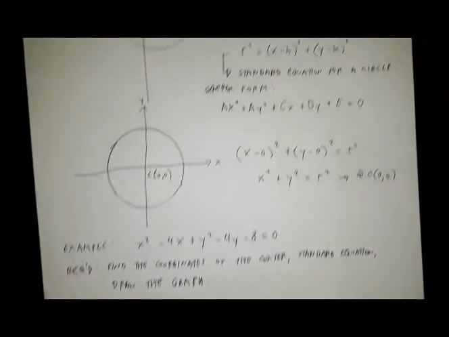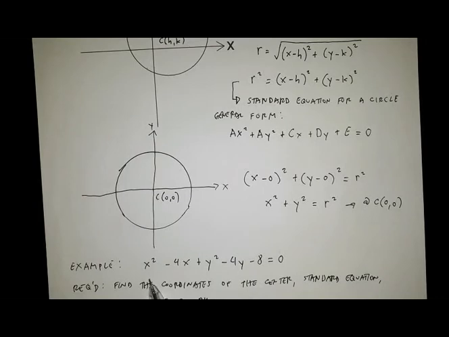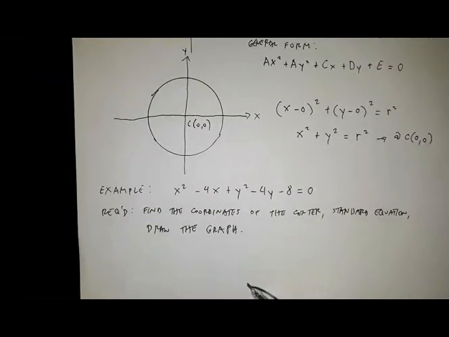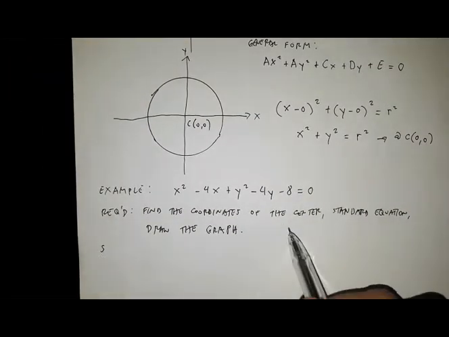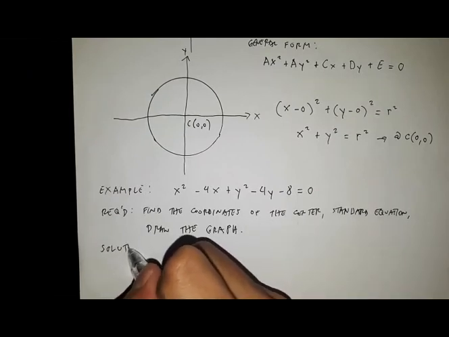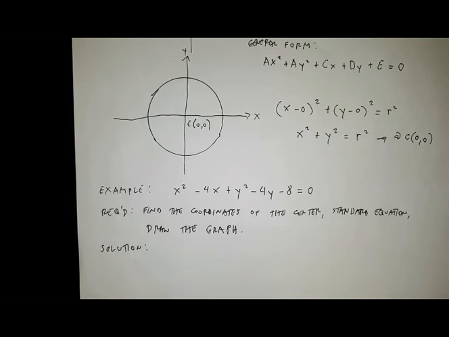So given an equation in general form, Ax squared plus Ay squared plus Cx plus Dy plus E equals 0, to find the coordinates of the center, let's transform the equation from general form to standard form.